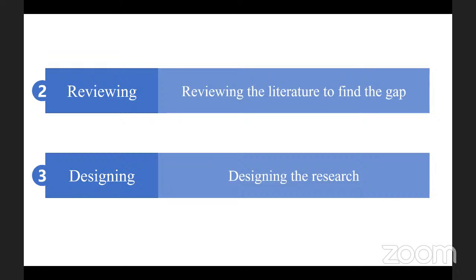Then you are not adding something to the field, and you might waste your time. So reviewing proper literature is very beneficial, and this is a major step in the research process.